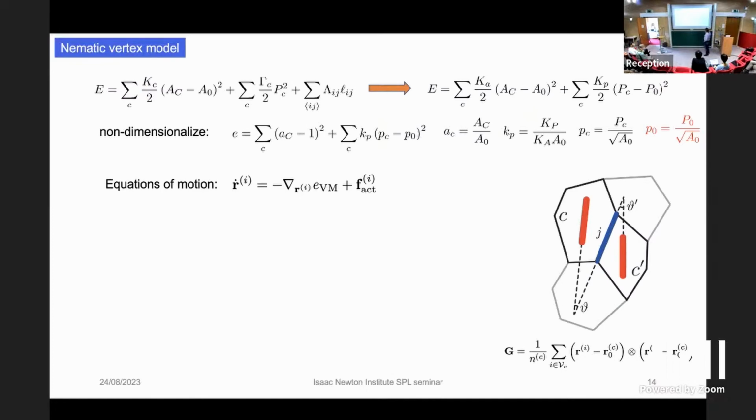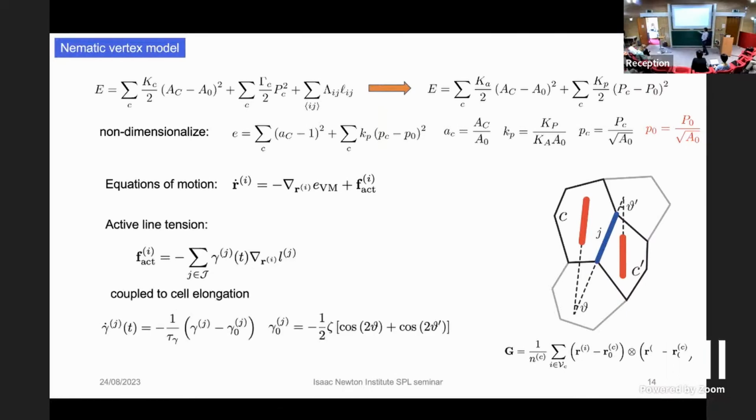There are other ways to do this, and then we say, well, if the junction is aligned with the direction, it's going to have a higher tension, and if it is perpendicular to it, it's going to have a lower tension. So it's a mechanism that couples shape to tension. Again, we invented this, meaning it's not like there is a biological experiment on a particular cell type that actually does this.